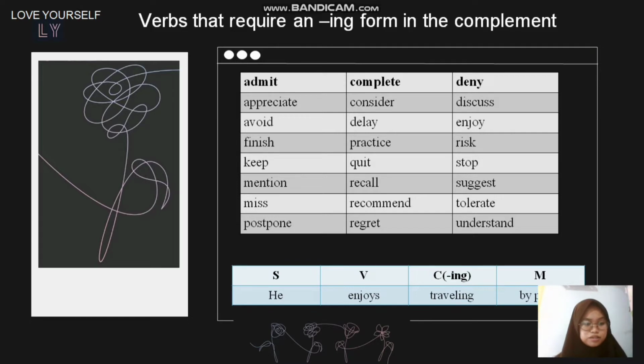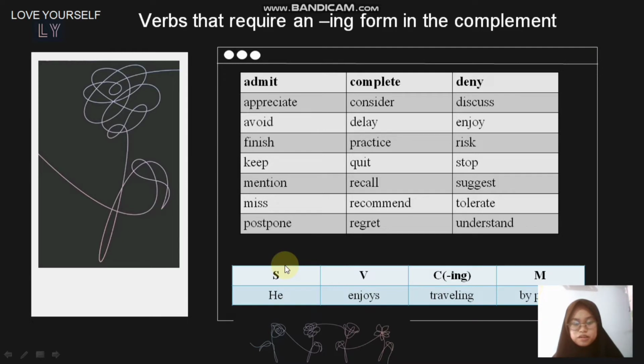Like, he enjoys to travel by plane. This is an incorrect sentence. It is correct without to, because the verb enjoy is included in the list above. Okay, so the correct one is he enjoys traveling, with ing, by plane.